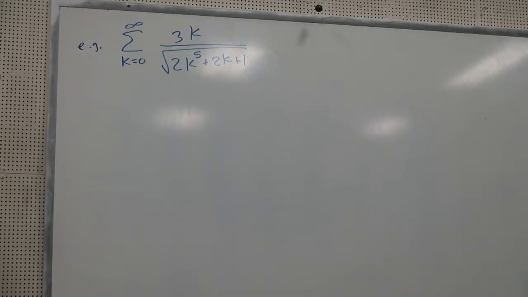It doesn't look like a geometric series. Integral test? That's not easy to integrate at all. Square everything? You can't square everything, you'll change the value. So at this point, it turns out that we can actually use the comparison test.